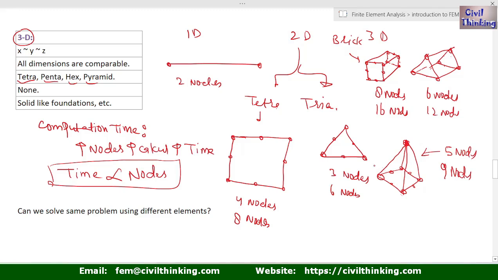Again, we use 3D where the calculations are important in all the 3 dimensions. For example, this is soil, and then you have a foundation on it. Foundations or pile foundations, or anything where the interaction with the lateral soil also matters.